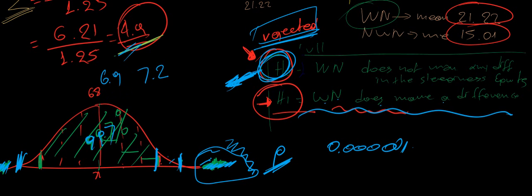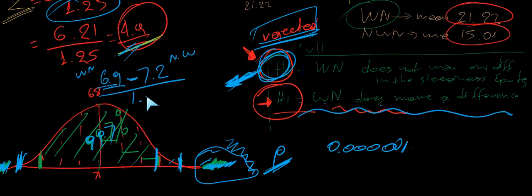And if I remember correctly, Miss Armfield told me that the white noise is 6.9 and non-white noise is 7.2. So you need to find your standard deviation, which probably has to be different than this, and then go 6.9, take away this, divided by 1.27, whatever is your standard deviation. You have to find it. Come and I'll help you find it.